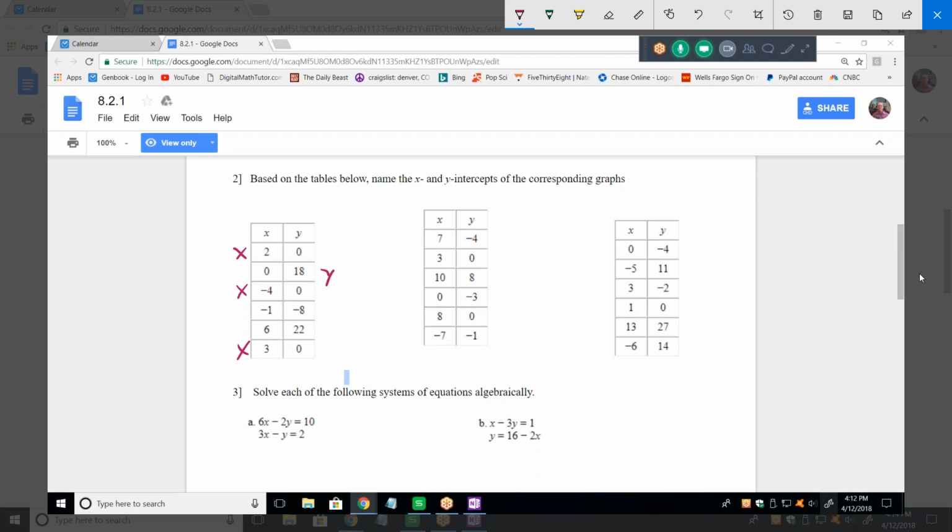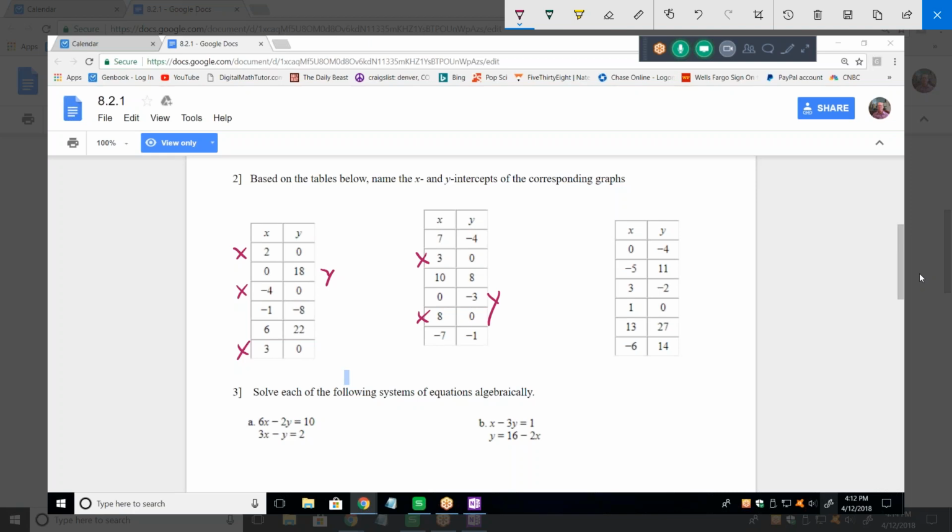Okay, how about the next one? Give me the x-intercepts. The x-intercepts are 3 and 8. And the y-intercept. The y-intercept is just -3. Yeah, it's that simple. I love this question because what this question reinforces is x-intercepts are when y is 0, y-intercepts are when x is 0.